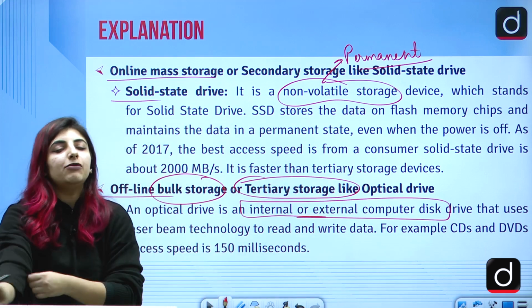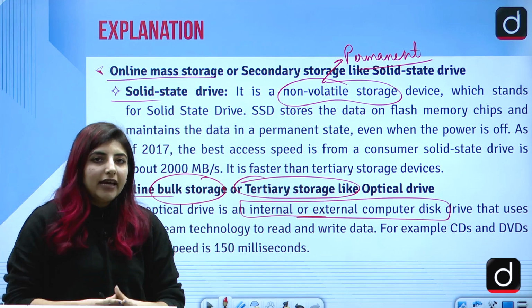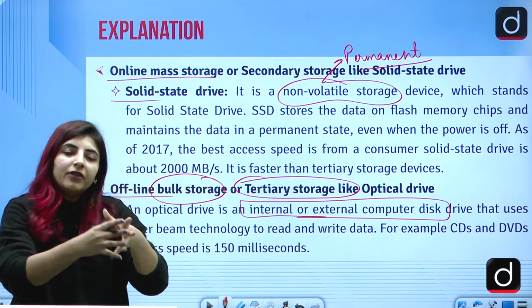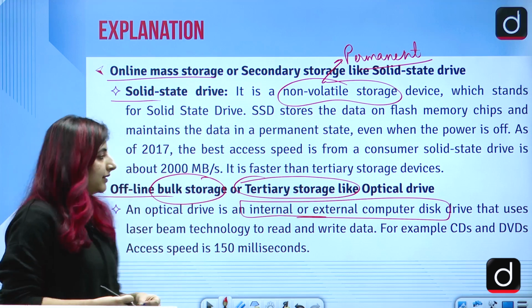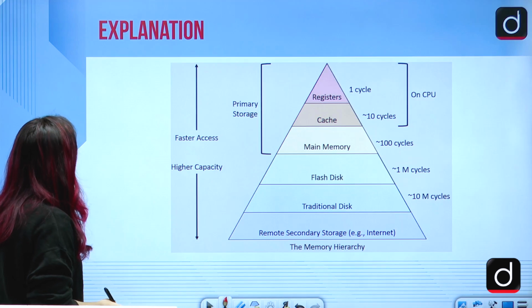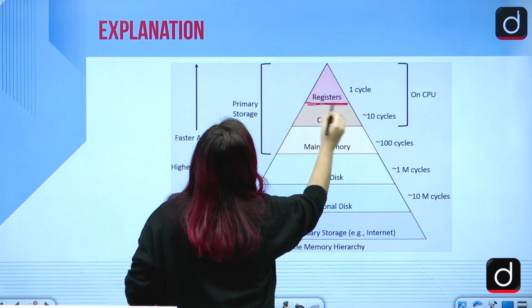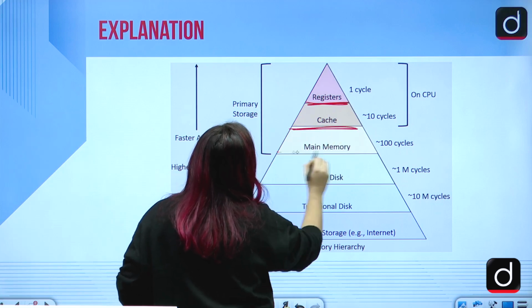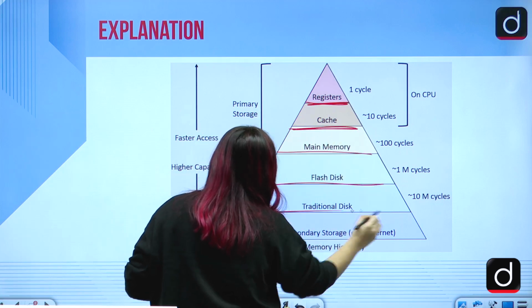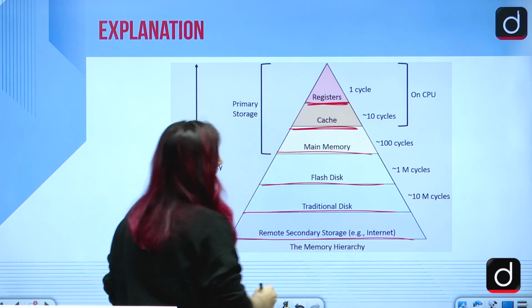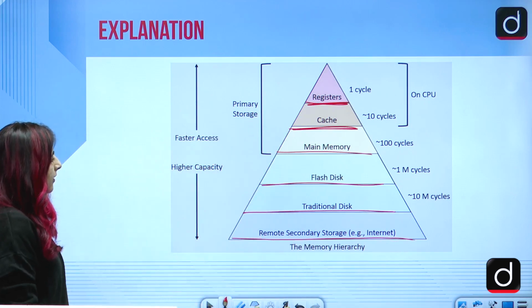In the previous times, people used to copy data from their computers onto CDs and DVDs, correct? So as I told you, you are supposed to note this down like this only: registers, cache, main, flash, traditional, secondary, correct?